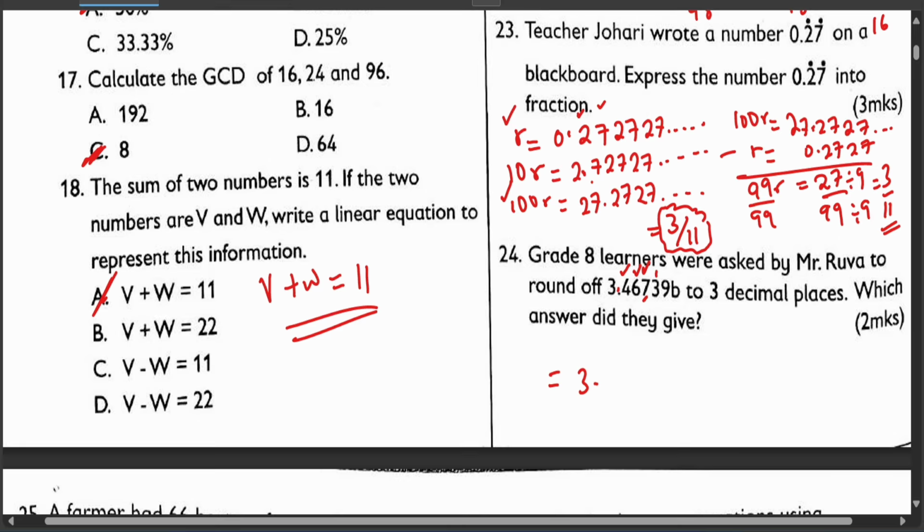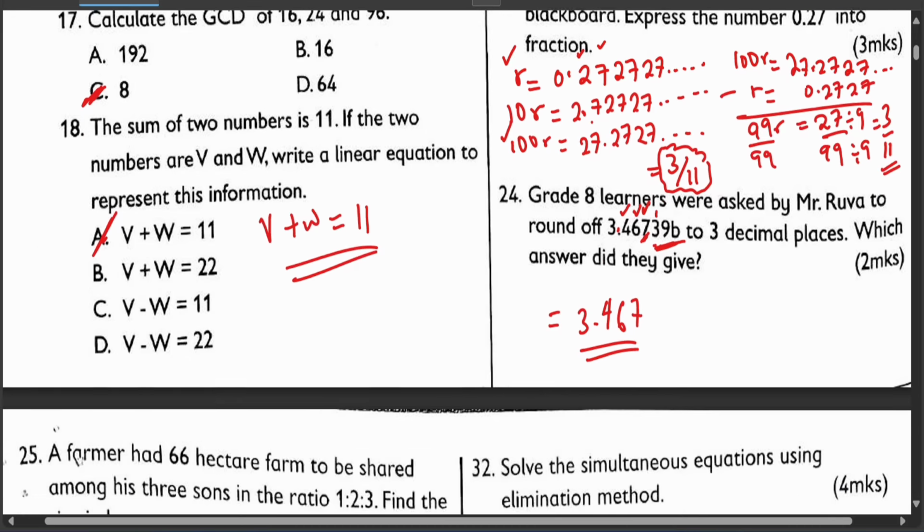Is it greater than 5 or less than 5? Ikiwa ni less than 5, utaacha hiyo 7 the way it is. If it is greater than 5, we'll add 1 to the 7. So therefore it is less than 5, iko chini ya 5. Therefore ile 7 utaiacha vile vile, and the other numbers we will just eliminate.